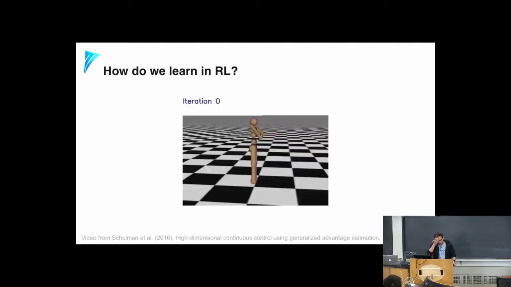So here's a quick example of how this might look in some sort of simulator. Here we have an agent that tries to control this humanoid robot in a simulated environment. The physics is simulated.